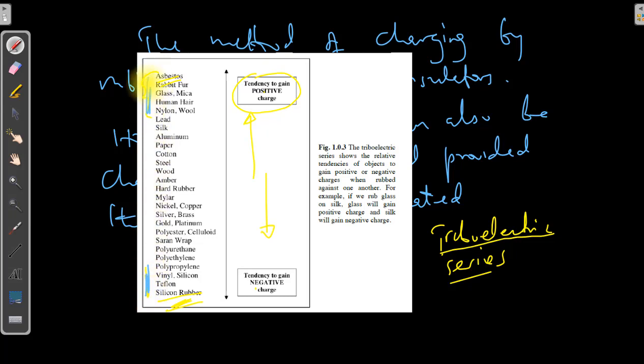The word triboelectric is another word to mean frictional electricity.